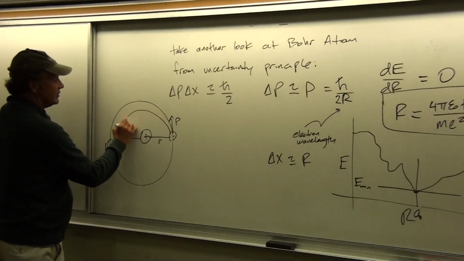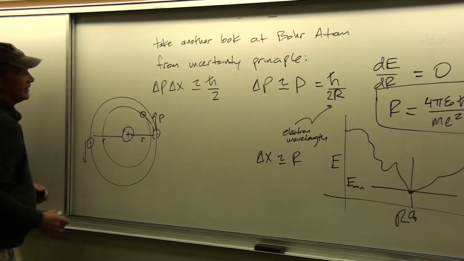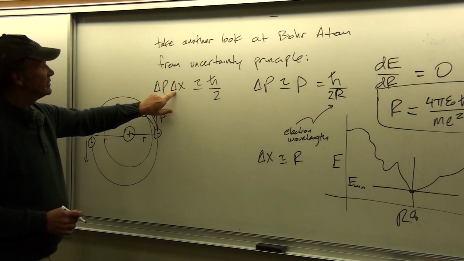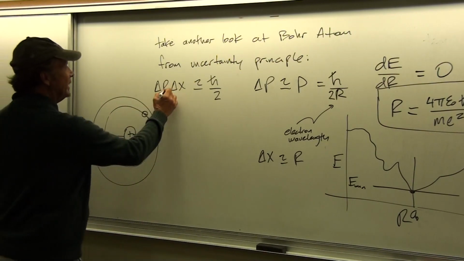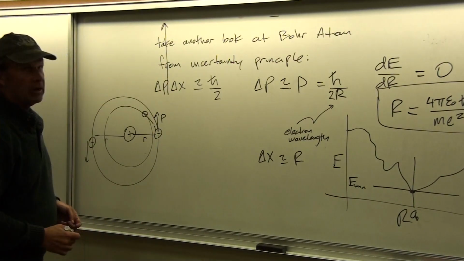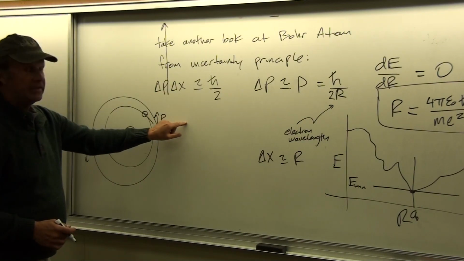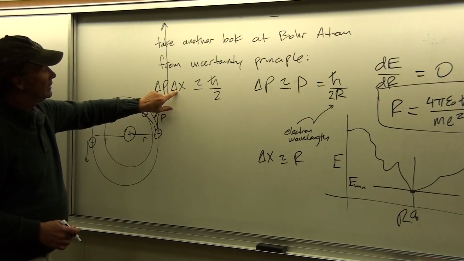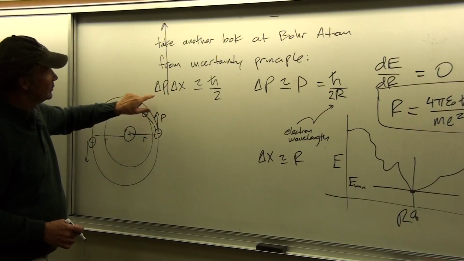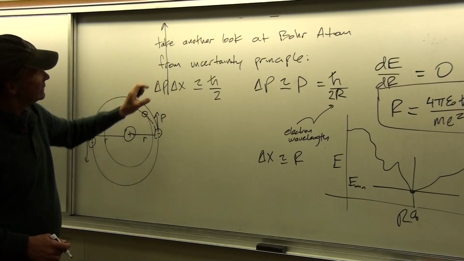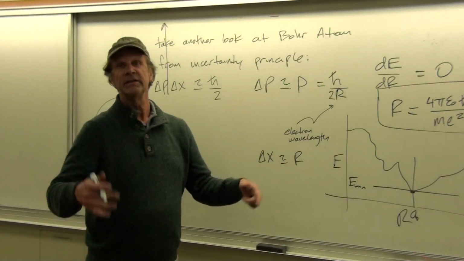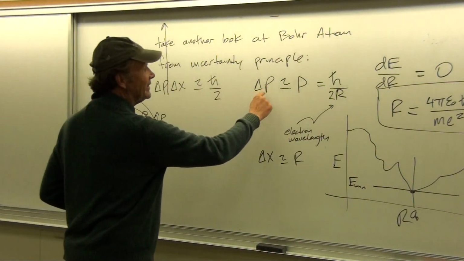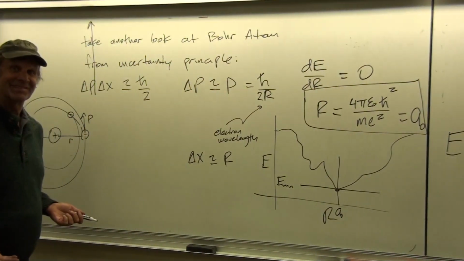Okay, so what would happen then if it were in closer? Let's say the electron dared to come in closer than the Bohr radius. Well, then the delta x would get smaller than a naught, and that would make the uncertainty in momentum have to go up. Because as one goes up, the other has to go down. So if you're saying that, oh, I'm more certain as to the location of the electron than the Bohr radius, then that automatically, from the uncertainty principle, makes the uncertainty in the momentum higher. But what happens if something has momentum, and the uncertainty in momentum is proportional to the momentum itself?